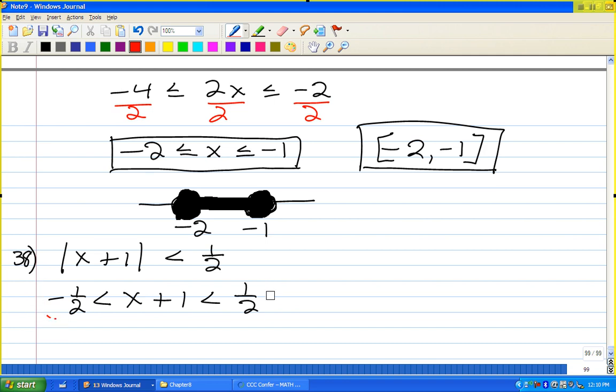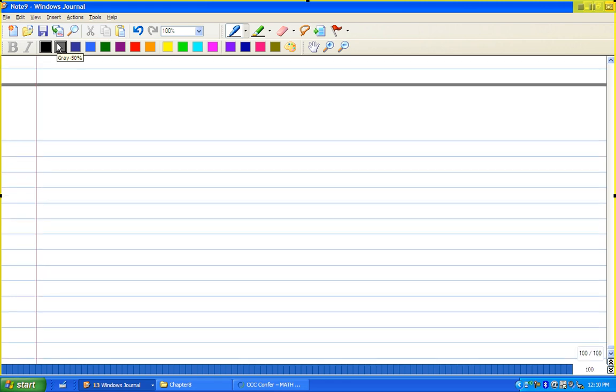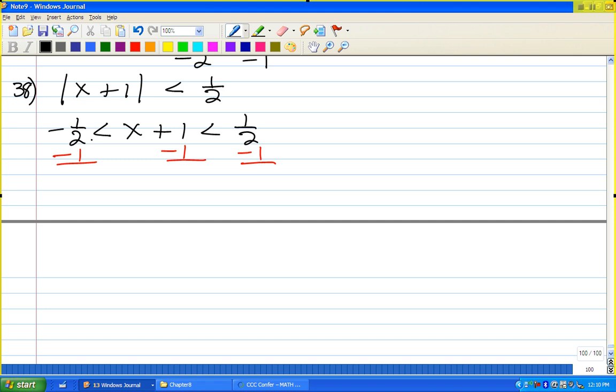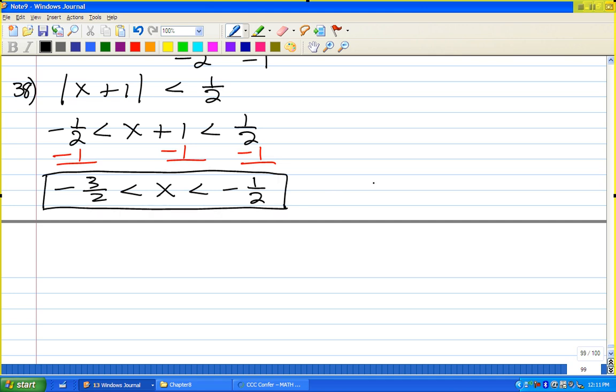Let me subtract 1 from all sides of my equation in order to isolate x in the middle. And so -1 minus 1/2 is -3/2. The 1's cancel. 1/2 minus 1 is a -1/2. And so this is the open interval from -3/2 to -1/2.